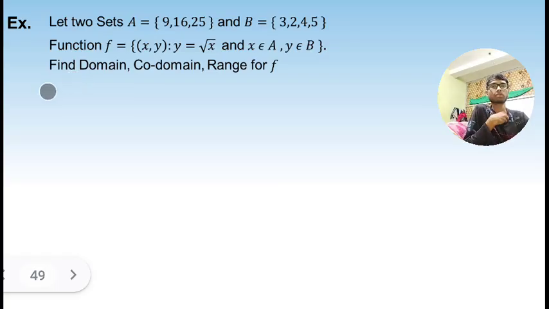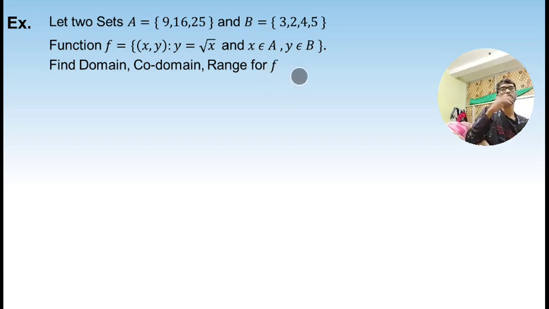if the function is represented by a small f, this would be f equals the set of ordered pairs (x, y) such that y is equal to the square root of x, where x belongs to A and y belongs to B. This one will belong to A and this will belong to the square root of x.